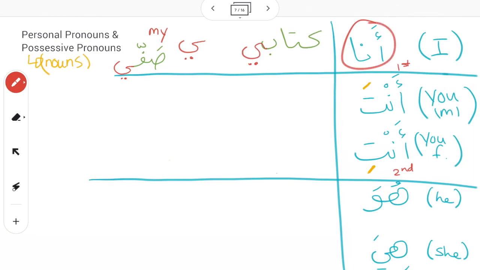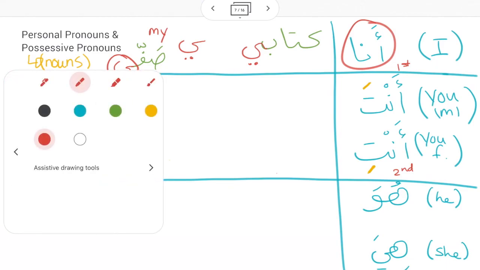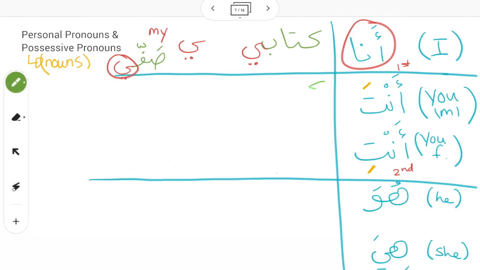Okay? So the personal pronoun, ana, is I. But the possessive pronoun, when you're referring to yourself, something is mine, that's the ya that we add to the end. So now let's look at anta and anti. When you want to make something yours, let's stick with the word kitab. And notice I'm keeping kitab open so that I can attach to the end of it. When I want to make something yours, I add the letter kaf to the end.